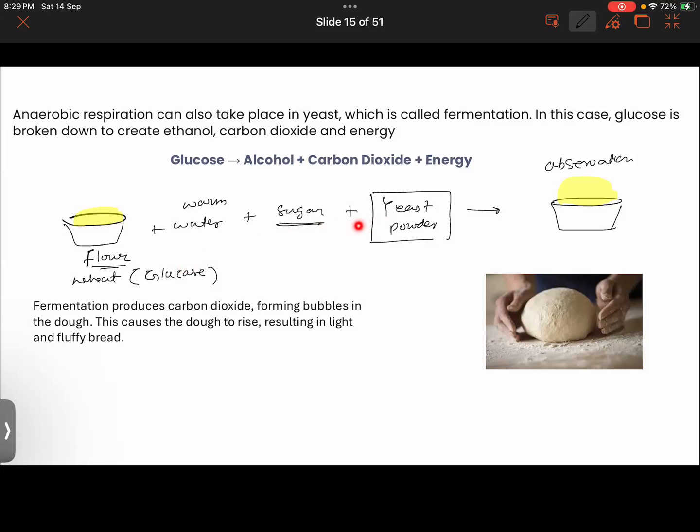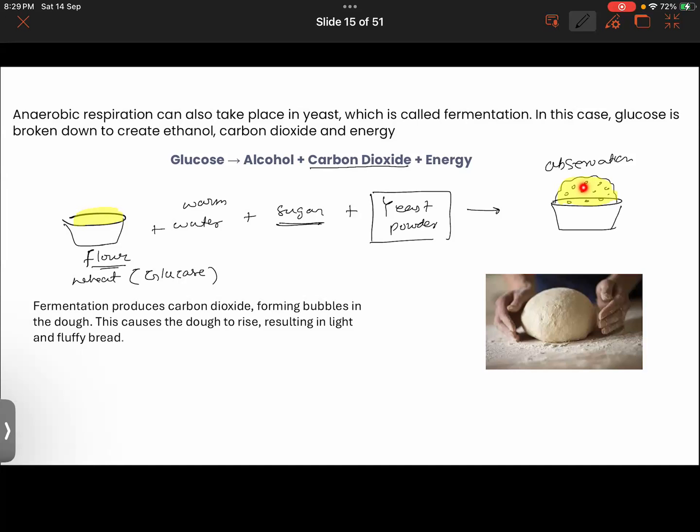The yeast will break down this food, and as a result, a gas like carbon dioxide is formed. When carbon dioxide gas is formed, tiny bubbles start to form inside the dough, as a result of which it increases in size.